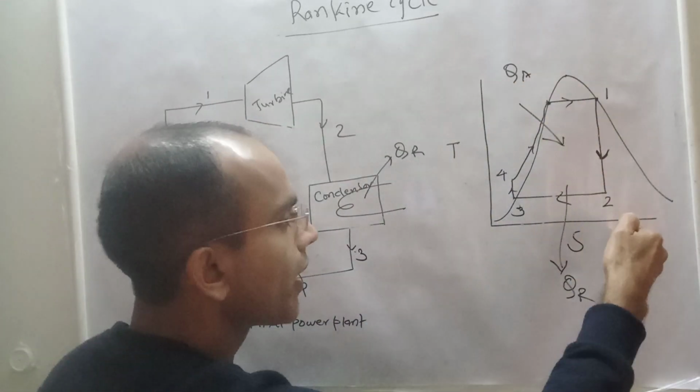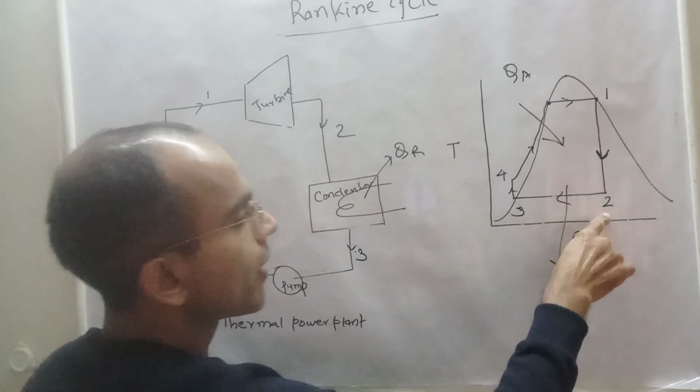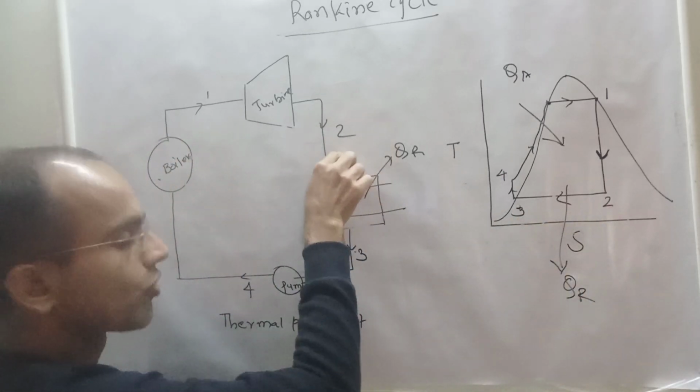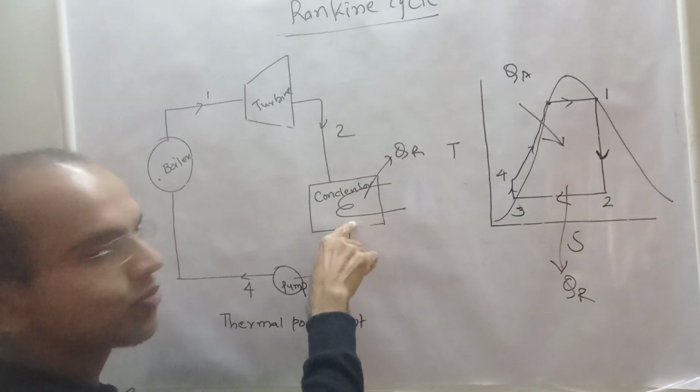Again it will expand isentropically, then it moves to the condenser. In the condenser the whole exhausted steam will be condensed and all the steam becomes water.